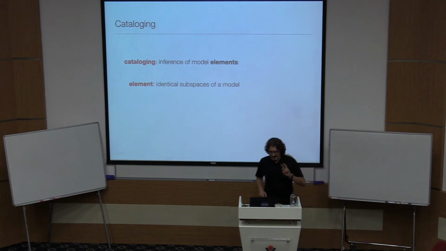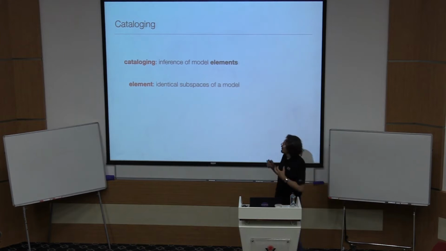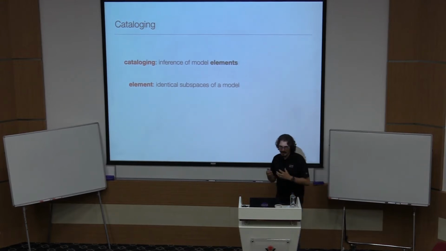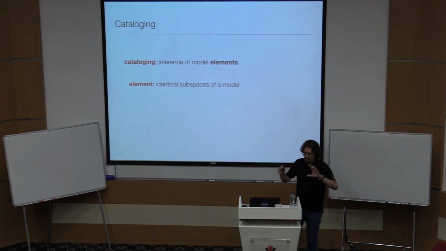Okay, two more things to mention. First, cataloging. Cataloging is essentially the inference of some model elements, and now you'll ask what an element is. Well, an element is the so-called identical subpart of a model. So, for example, imagine you are an astronomer given an astronomical image, say some HST, Hubble Space Telescope, image.